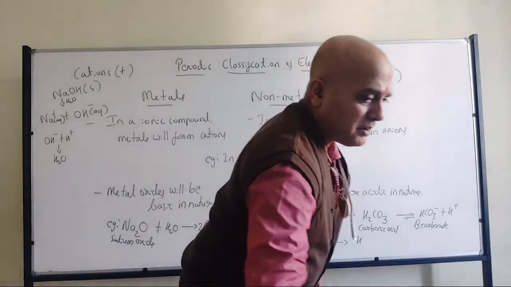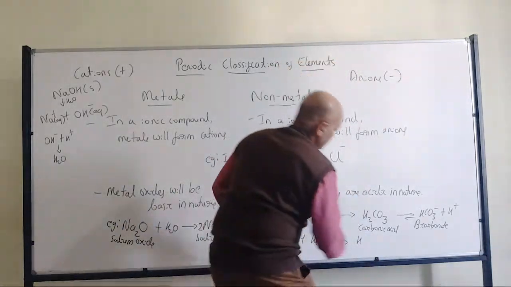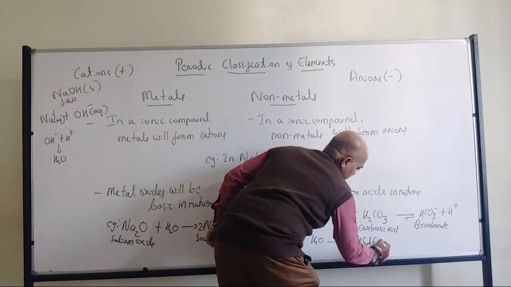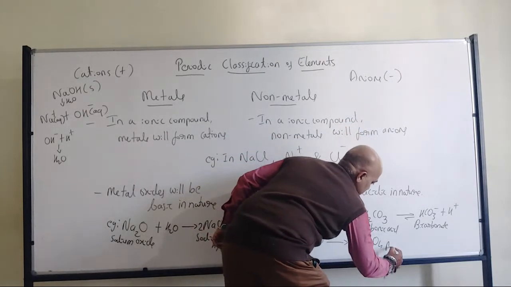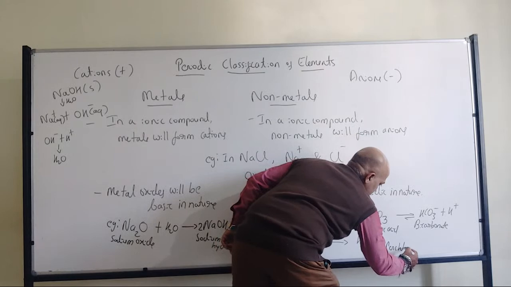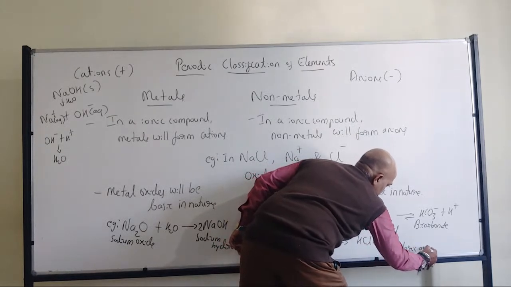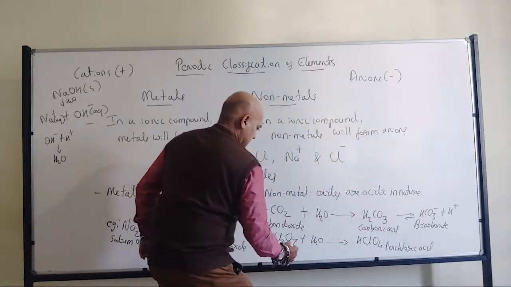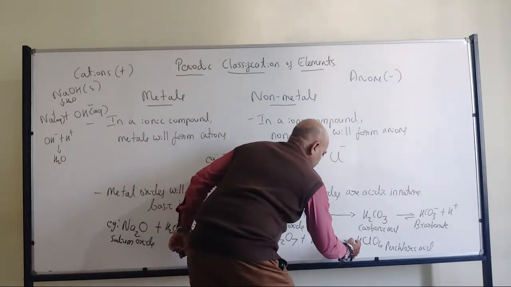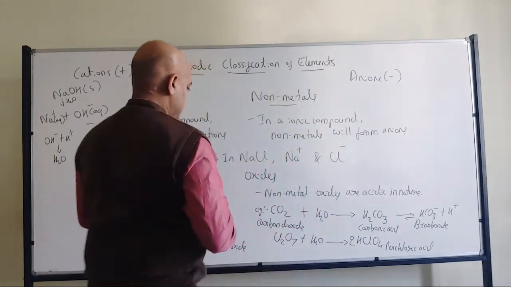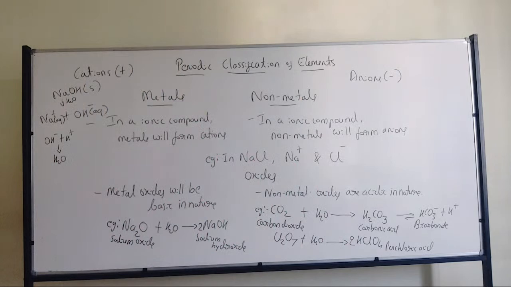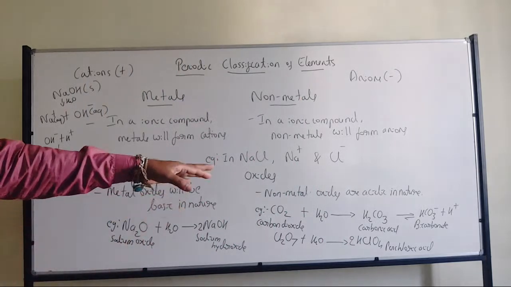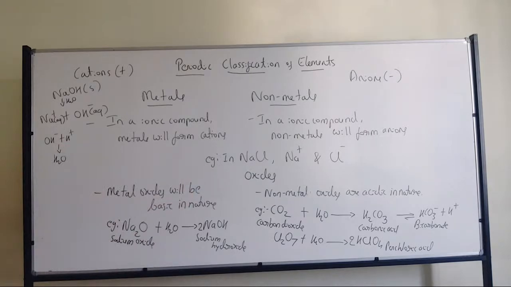Carbon dioxide is easy to remember, that's why I gave that one. Cl2O7 is going to form perchloric acid, once again an acid. We have to balance it, right? I think it's balanced. Chlorine oxide with water will form perchloric acid.